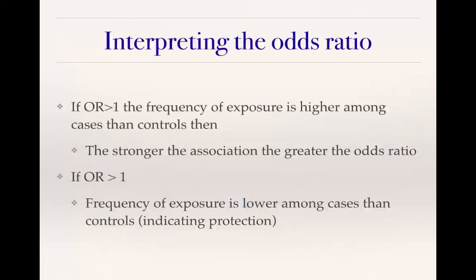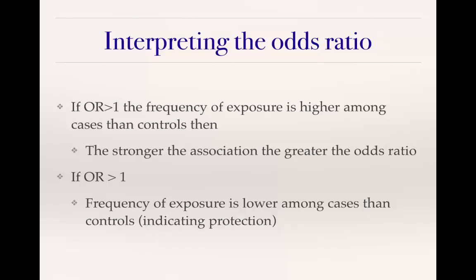When we look at the interpretation of the odds ratio, similarly to relative risk, if the frequency of exposure is higher among cases than controls, the odds ratio is greater than 1, indicating an increased risk. The stronger the association, the greater the odds ratio.